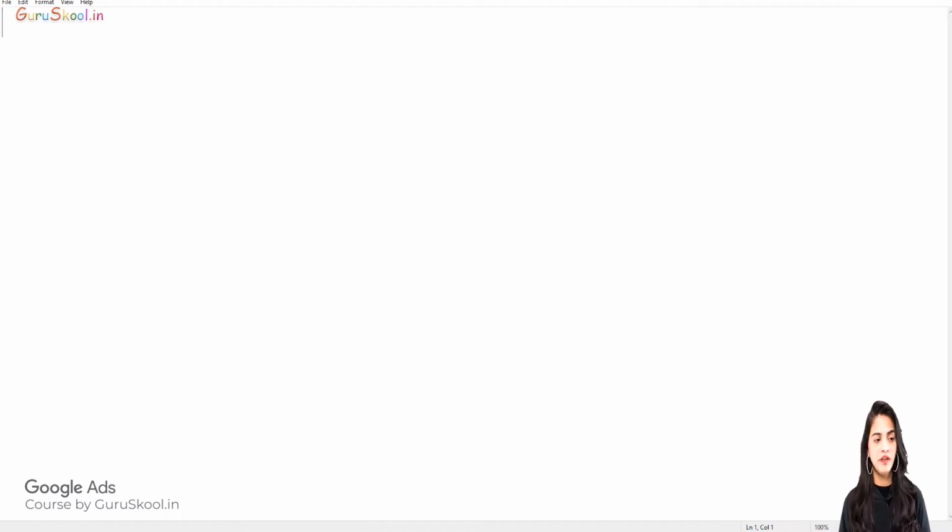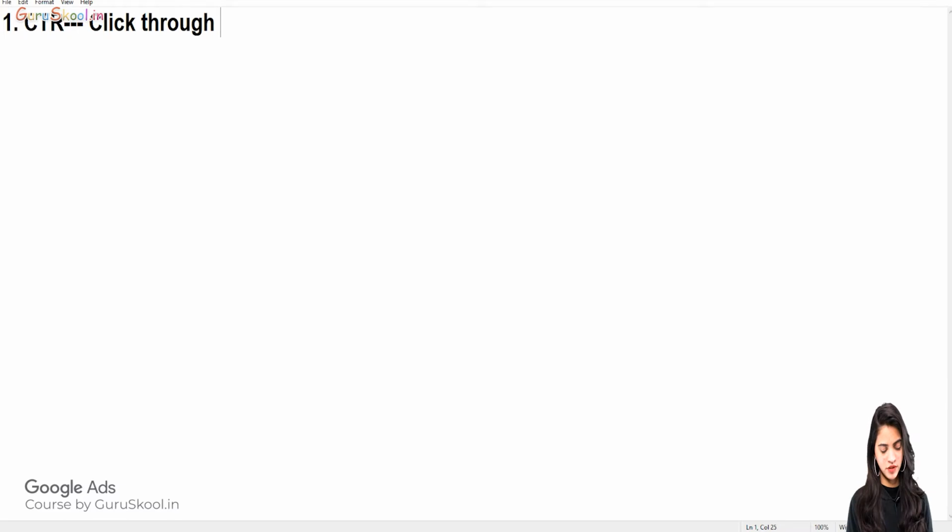Okay, so in my notepad, first I'm gonna talk about CTR. CTR means click-through rate. As we have seen with search ads, suppose you are running the ad and 100 people are watching your ad, but it's clicked by only 5 people.